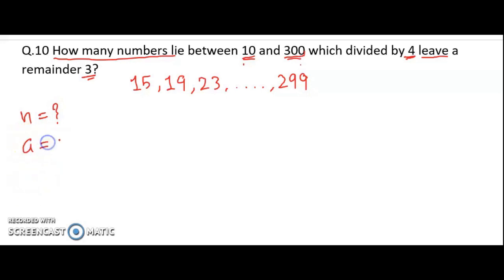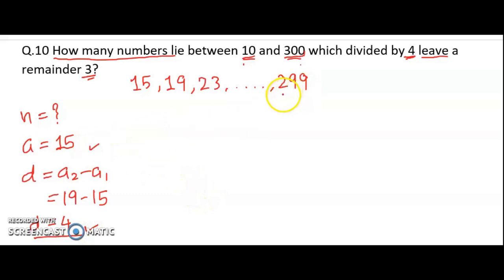The first term of the AP, that is A, is given as 15. The common difference is A2 minus A1. So A2 is 19 and A1 is 15. So we get the common difference equal to 4. A is 15. And here the last number, that is AN, is given 299.